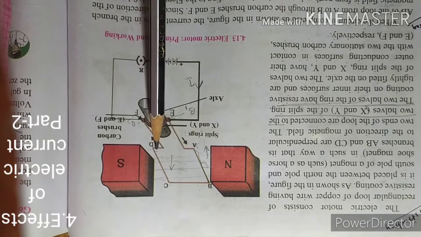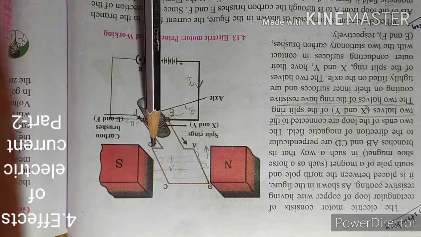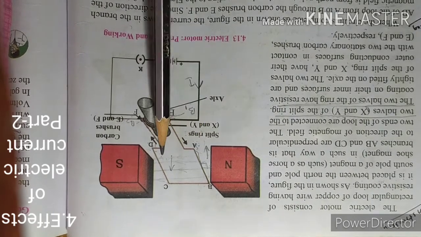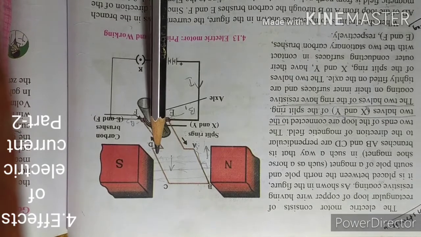So on arm CD there will be a force in downward direction, and on arm AB there will be a force in upward direction. So it will continue rotating.